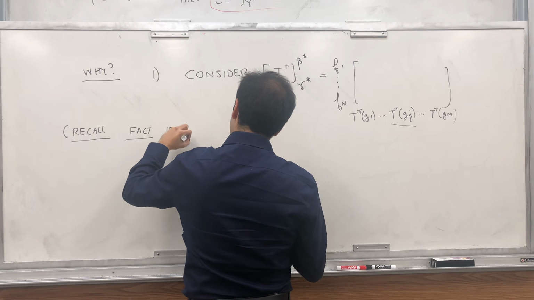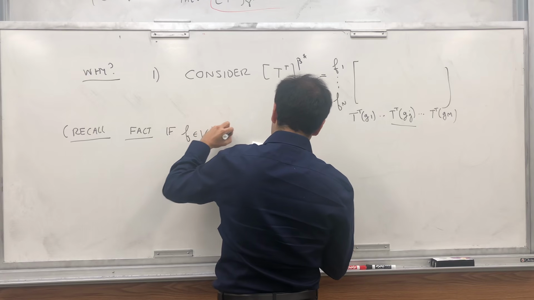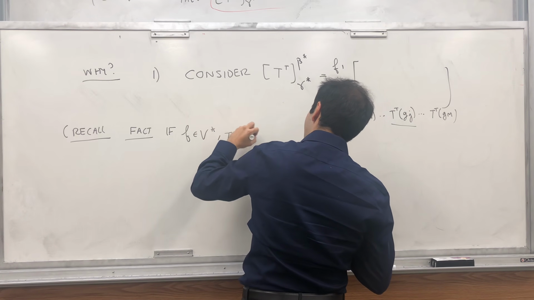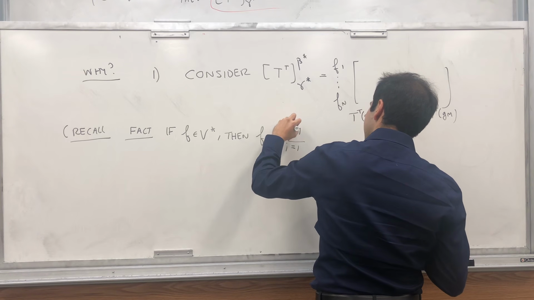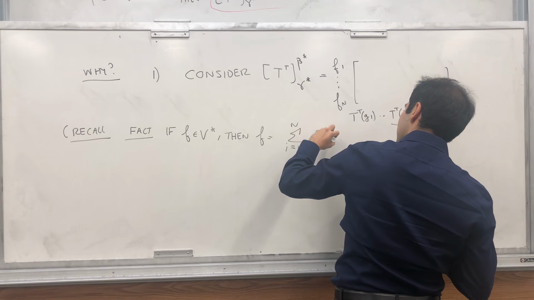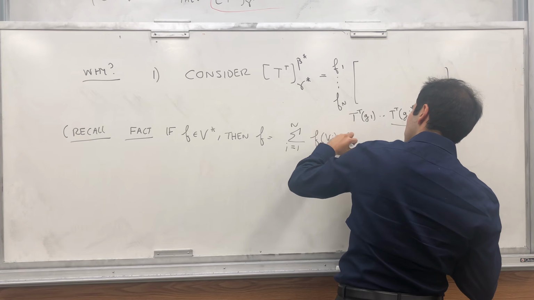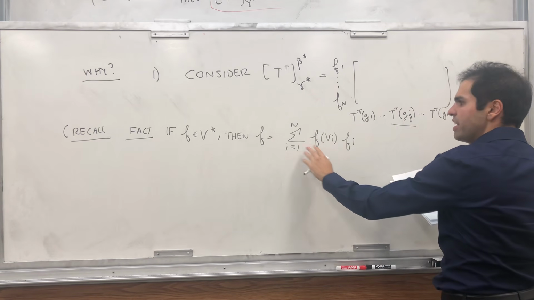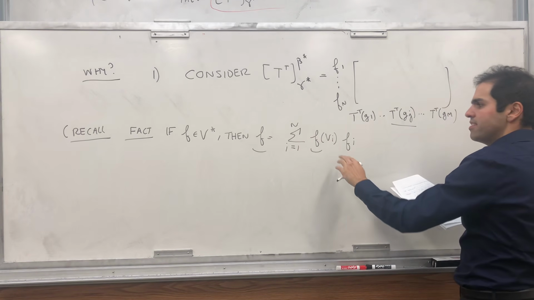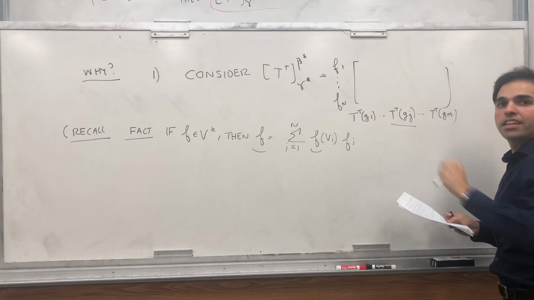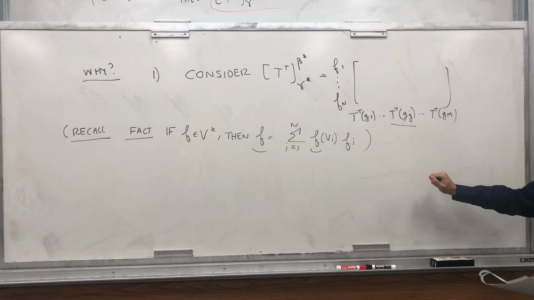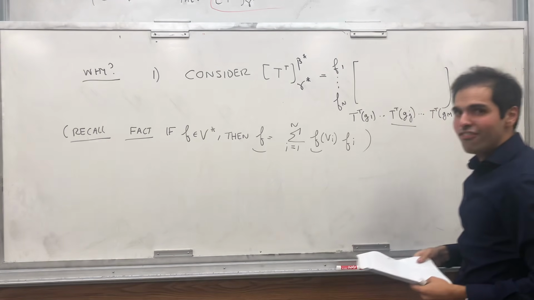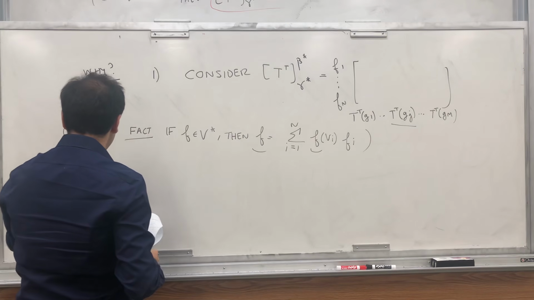If F is in V star, then F can be written very easily in terms of the Fi's. Namely, all you do, you evaluate F at the basis vectors Vi, and you write it as a linear combo of Fi. Why is this important? Remember the definition of T transpose Gj.